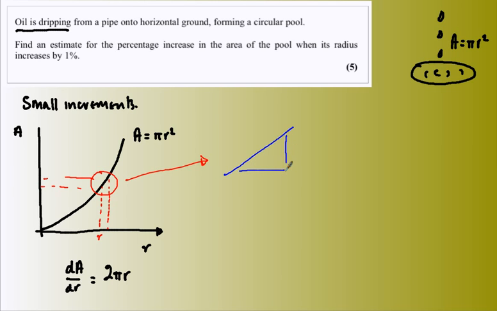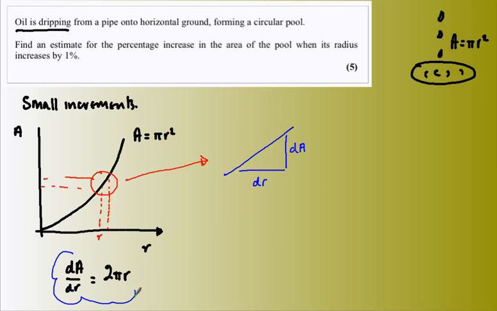So once I start to imagine it's a straight line, all I need is a triangle to figure out this increment in the height if I know the increment in this. So I've got my dr, my small increment in radius, and I want my dA.